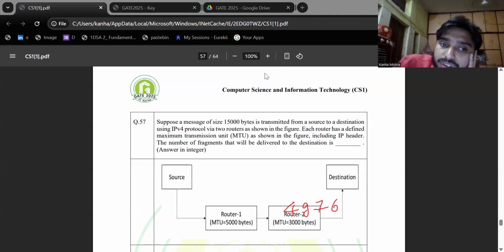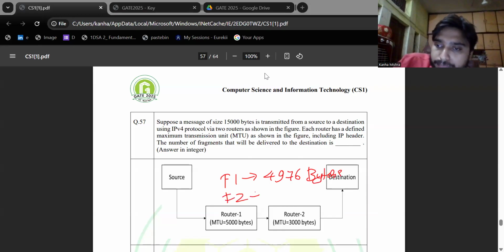So breaking the 15,000 bytes in router 1: fragment 1 will be 4976 bytes. Fragment 2 will also be 4976 bytes. The third fragment will also be 4976 bytes.